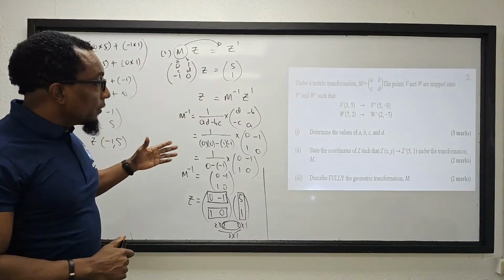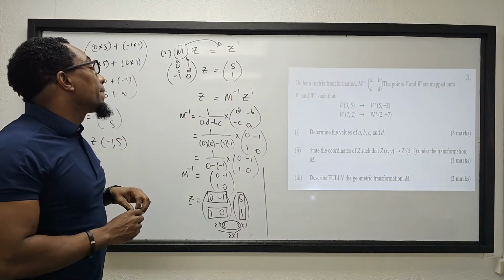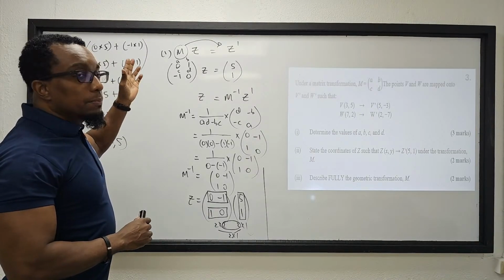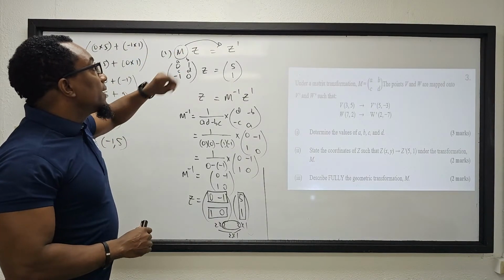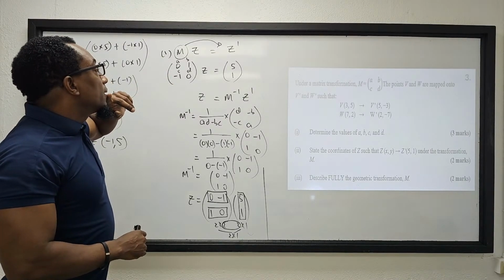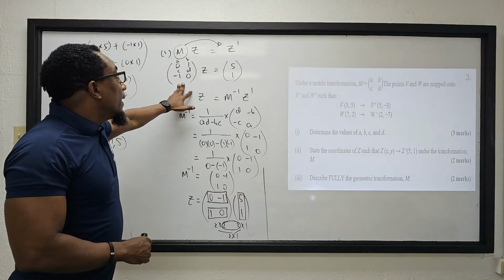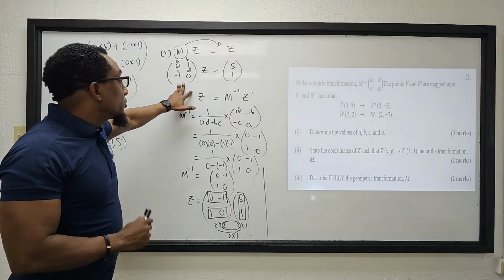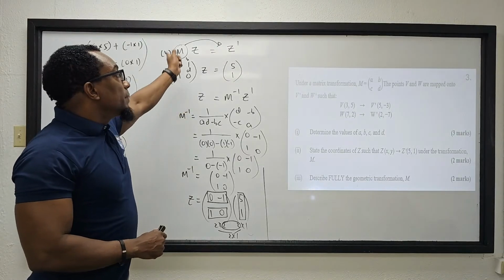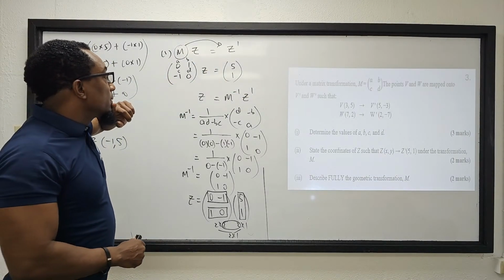So make sure we understand in terms of our matrix transformations, when you're multiplying the 2 by 2 matrix by the object to give you the image, sometimes they ask you to determine what is the object given the 2 by 2 matrix transformation. And what we have to do here is to place the matrix transformation over to the right, which comes across as the inverse.